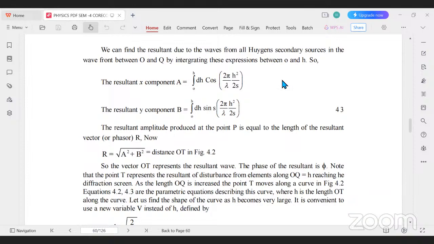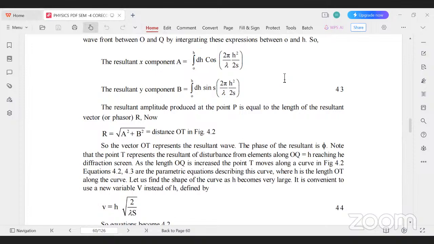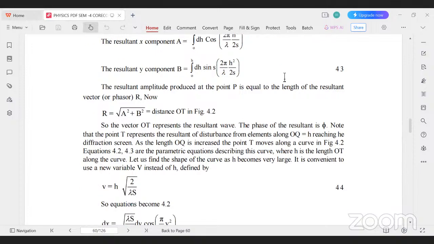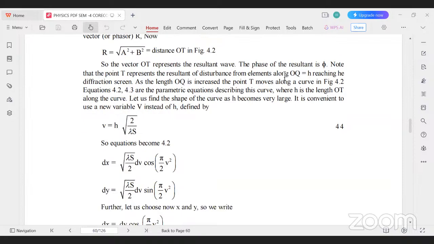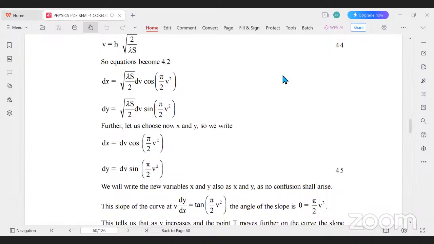Let us find the shape of the curve as h becomes very large. It is convenient to use a new variable v instead of h, defined by v equals h times root of 2 by λs. So the equations for dx and dy, and further let's choose now x and y.